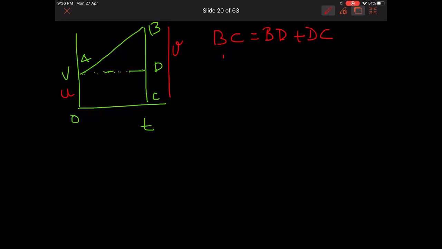So you can write V, which is equal to BD, which you do not know as of now, plus DC. This DC is equal to U, because DC is equal to OA, as both are opposite sides, so they are equal. So from this equation I can take out BD. My BD will be equal to V minus U, so I will take it as my first equation, right?